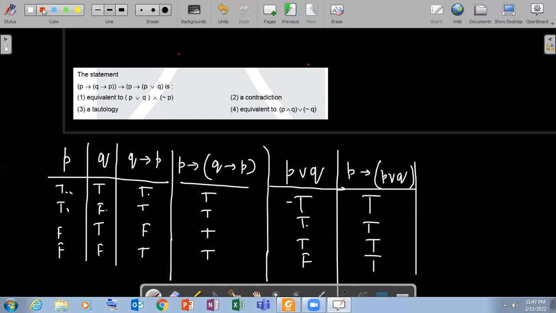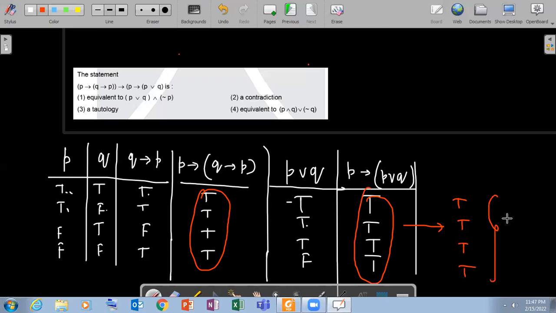So now this column implies this column. It has to be all truth, right? So this is a tautology.